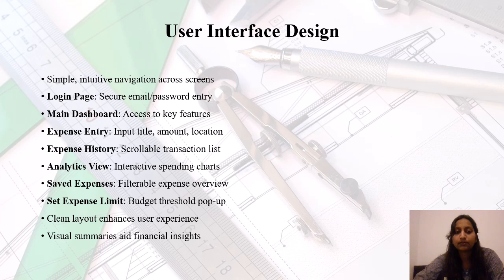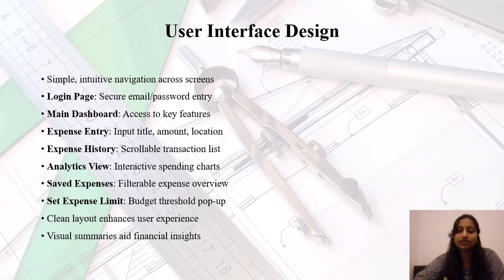The expense history screen lists transactions, and charts show spending insights in the analysis view. The saved expense screen supports filtering, and a set expense limit pop-up contributes to the user's budget control. The clean, intuitive layout makes it easy for users to follow their finances with no trouble.